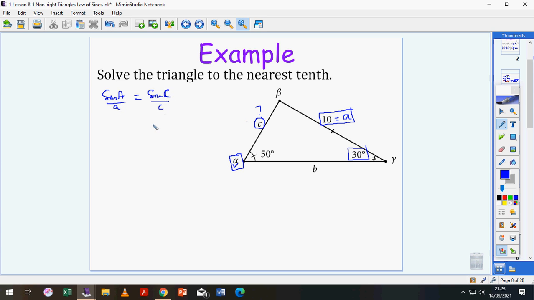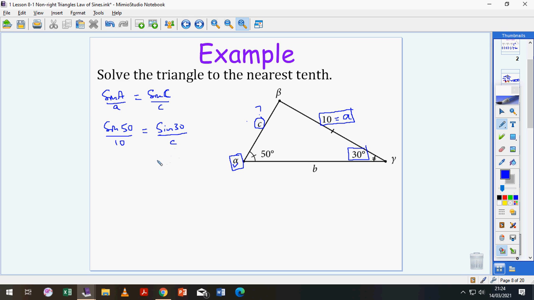So I know A is 50, so I'll have sine of 50 divided by 10 is equal to sine of C, the angle opposite to C, which is 30 degrees, divided by side C, which I'm looking for.